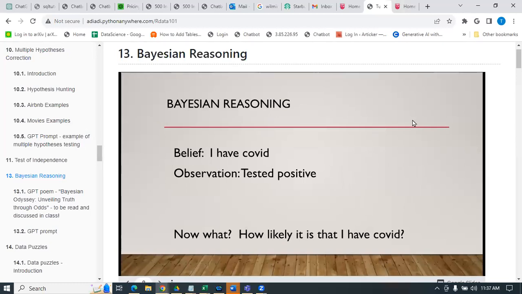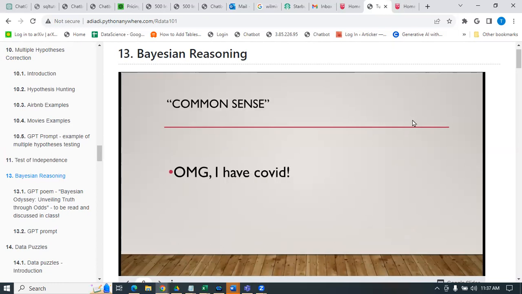For example, the belief, or the worry, is: I have COVID. Observation: tested positive. So now, what does it mean? Does it mean I have COVID? Well, it all depends. It all depends on the properties of this test. Turns out it doesn't have to be the case.